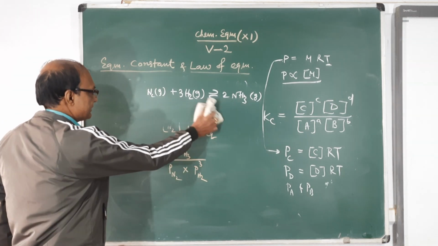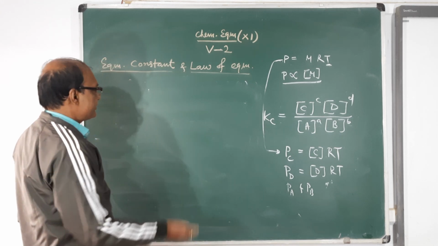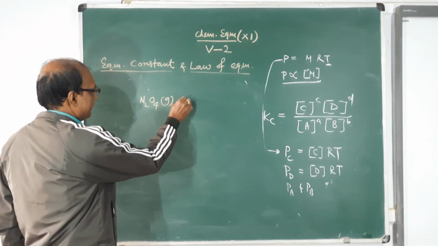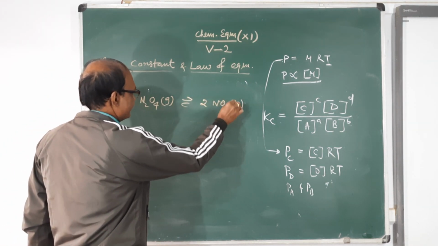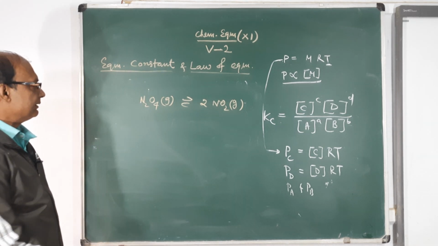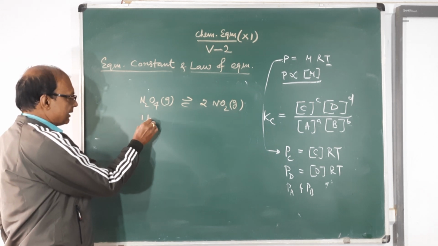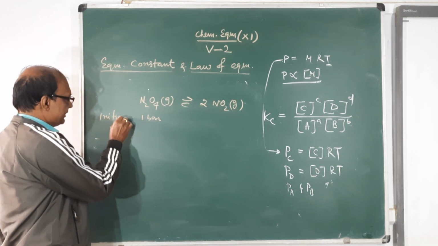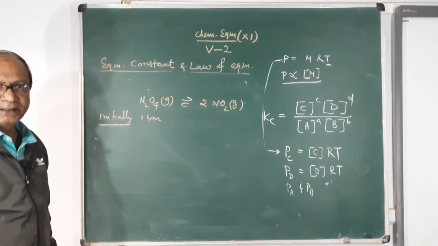See it here. Suppose a particular equilibrium system, N2O4, a colorless gas, decomposing to NO2; this one is brown, this one is colorless. Suppose you have taken 1 bar N2O4 initially at a particular temperature, say 25 degrees centigrade. See how to find the expression of Kp.